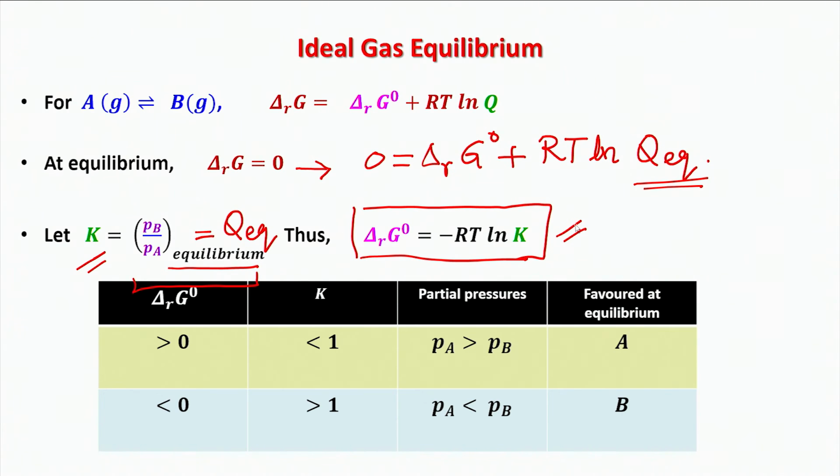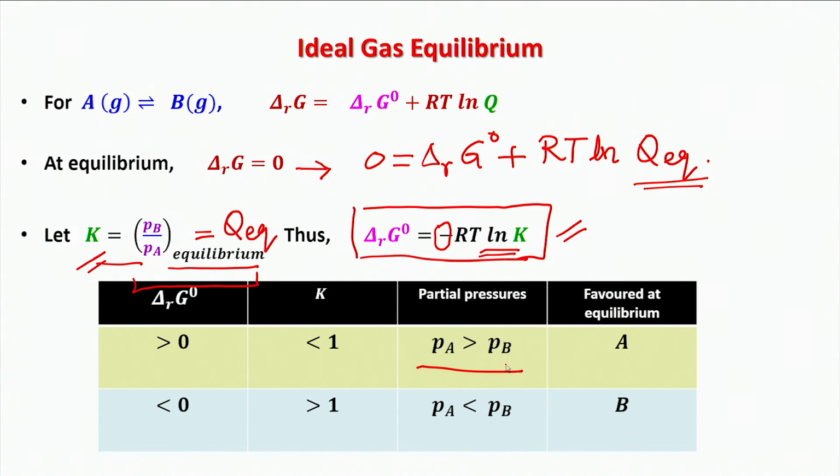That is because ln K in that case must be negative, a quantity that with a negative sign would give me a positive quantity, and therefore K must be less than 1. Now what does it mean? Then at equilibrium, if K is less than 1, then Pa must be greater than Pb.